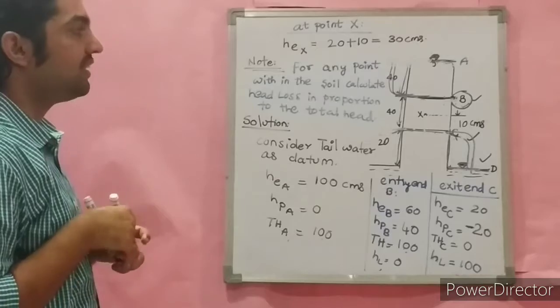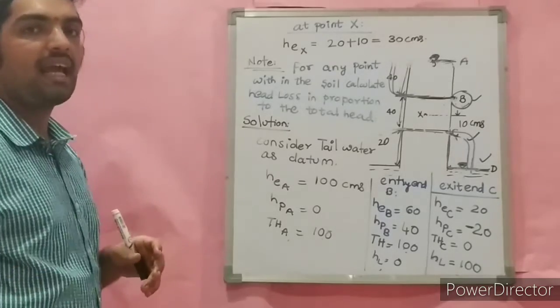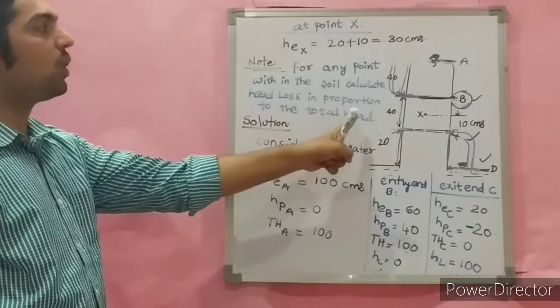For any point within the soil sample, calculate the head loss in proportion to the total head.